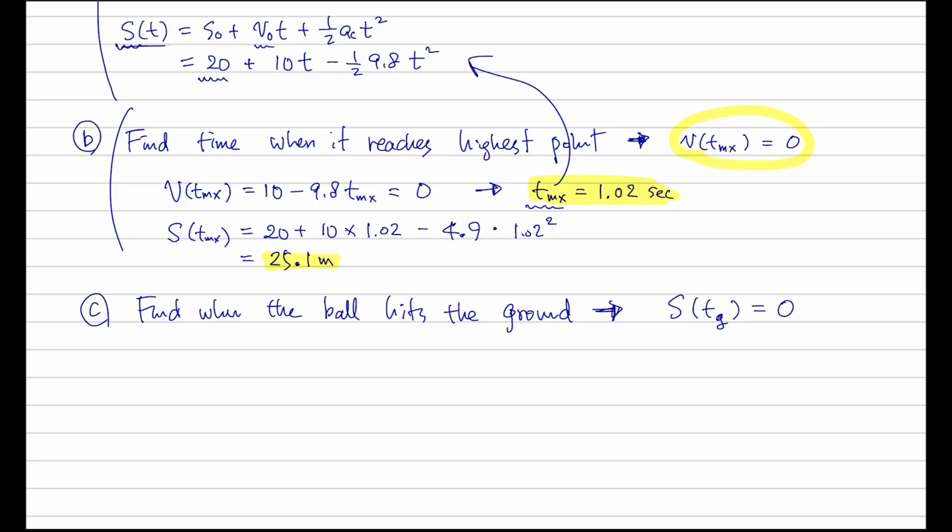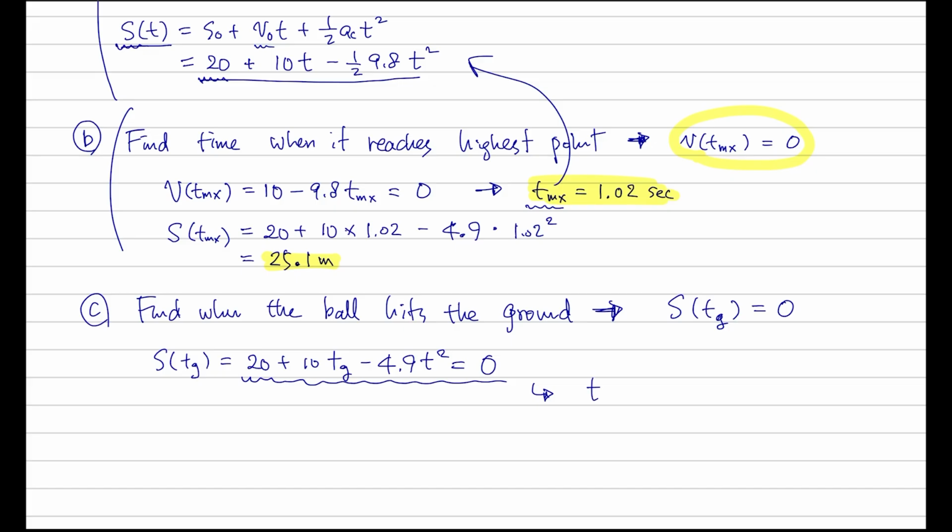So we have this equation here: s at tg is 20 plus 10 tg minus 4.9 tg squared, and that has to be 0. And if my math was correct, it will give us two numbers, which are minus 1.24 or 3.28. Obviously, the negative one is not going to be the physical answer, right? So it's going to be 3.28 seconds.